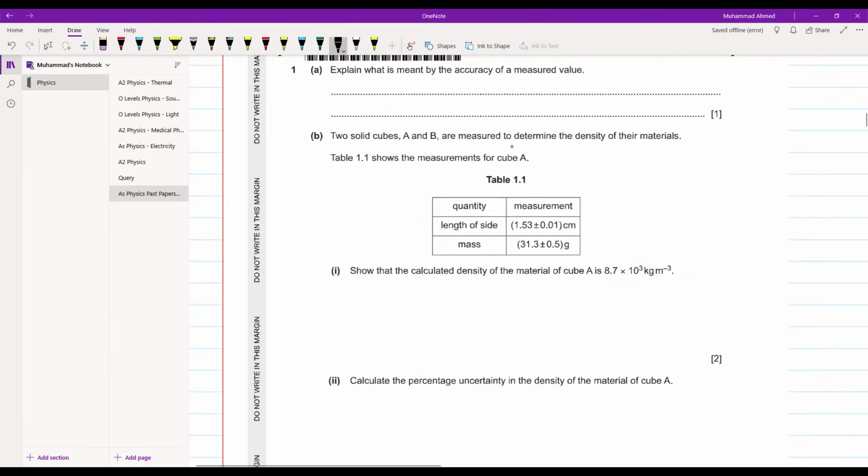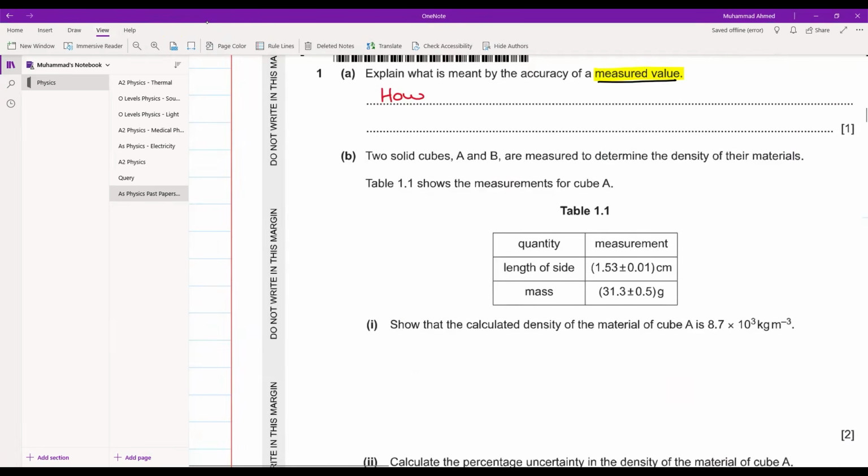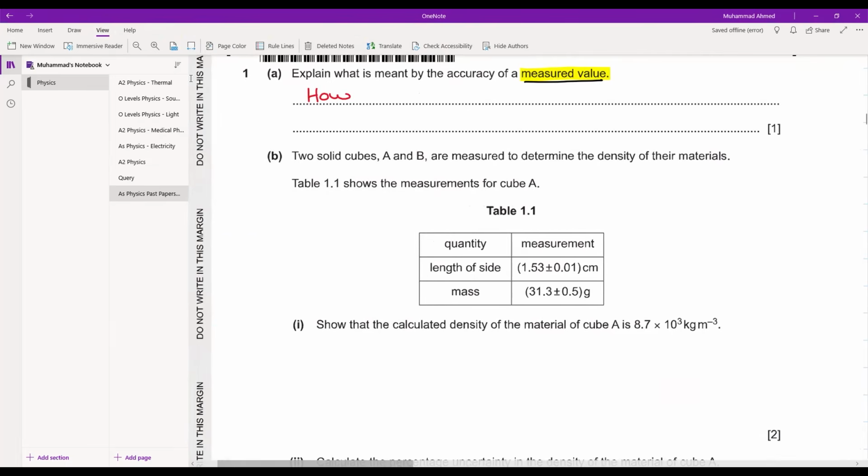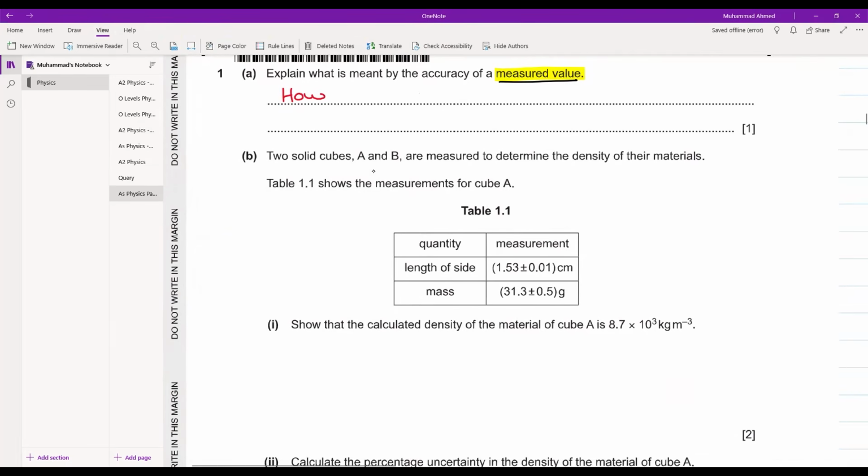What is meant by the accuracy of a measured value? What do we mean by accuracy of a measured value? Accuracy basically means how close the measured values are to the true value.